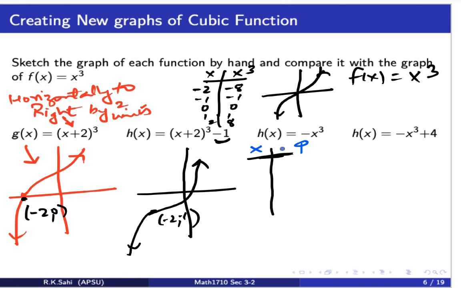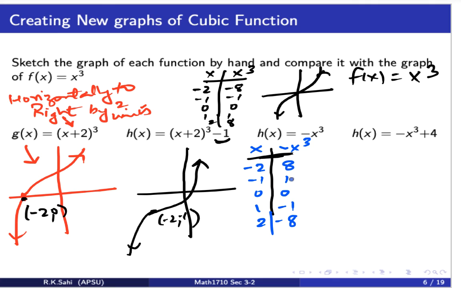So this is x and this is h(x), which is minus x cubed. So if it is minus 2, it will become positive 8. If it is minus 1, it becomes 1. 0 stays 0. 1 becomes minus 1, okay? And 2 becomes minus 8.